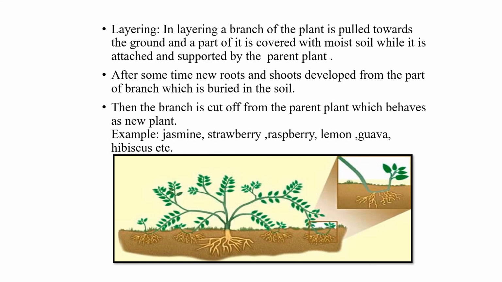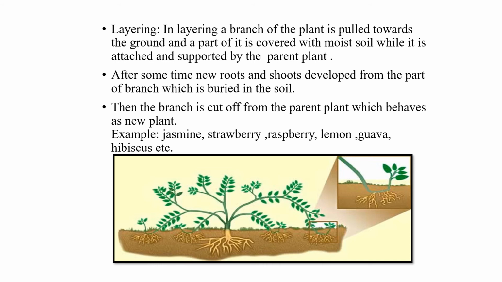Layering. In layering, a branch of the plant is pulled towards the ground and a part of it is covered with moist soil while it is attached to and supported by the parent plant. You can see very well here that the last part of the branch is fixed inside the soil, supported by the parent plant.